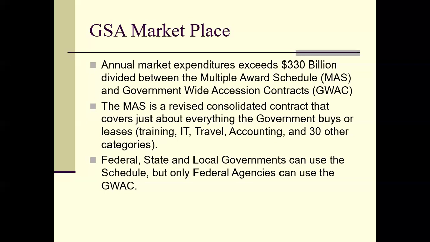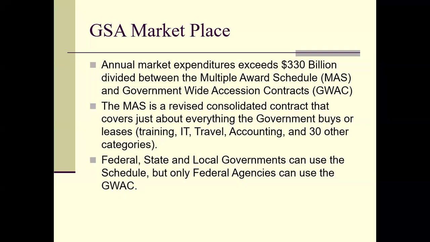And again, the GSA Marketplace for the MAS schedule includes federal, state, and local governments, but only federal agencies can use a GWAC. So the distinction again is the MAS contract is based on what you've done.